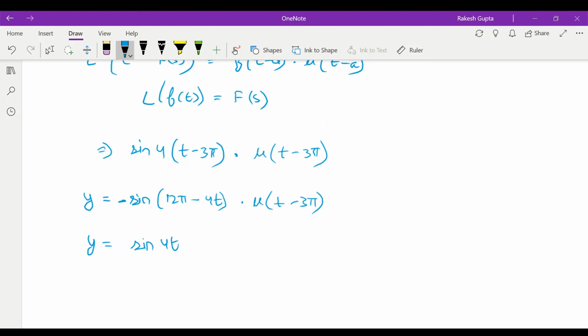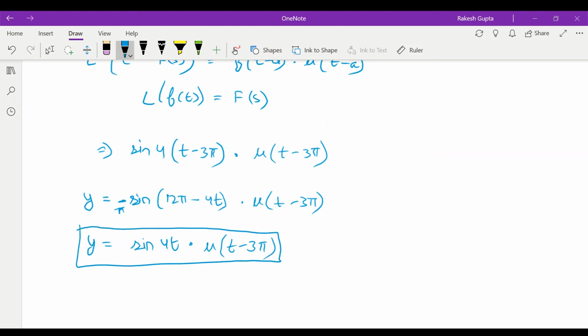The sine of minus x is minus sine x, so that minus and this minus over here get cancelled out, multiplied with u of t minus 3 pi. So this is our final answer.